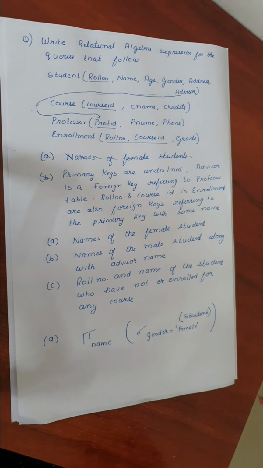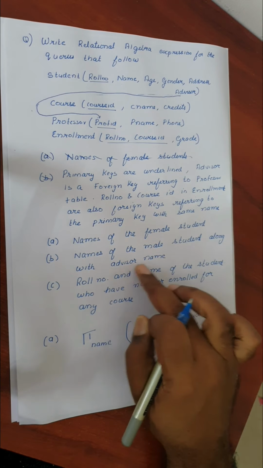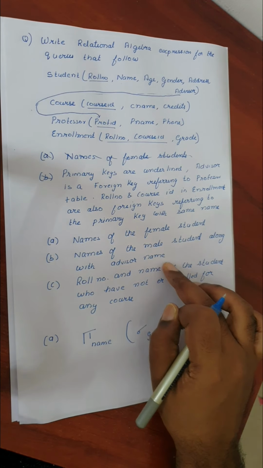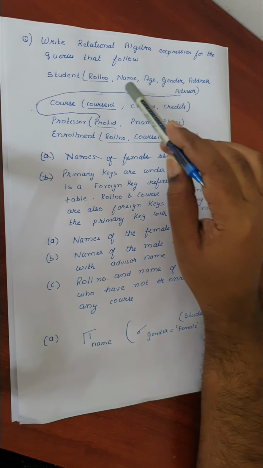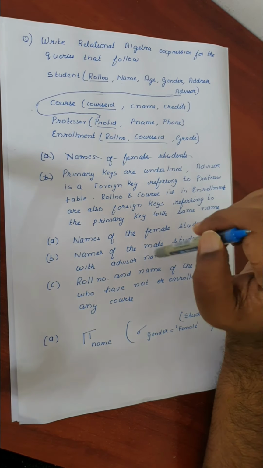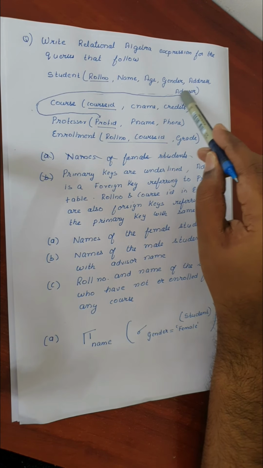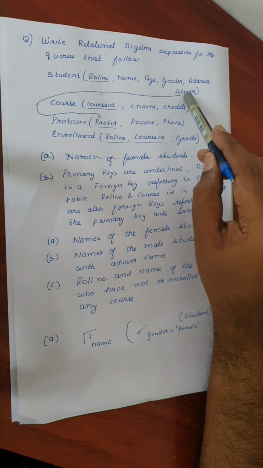Now the next one: the name of the male student along with the advisor name. The name of the student as well as their gender is available here, and they also want to retrieve the advisor name. They have only given the advisor ID.